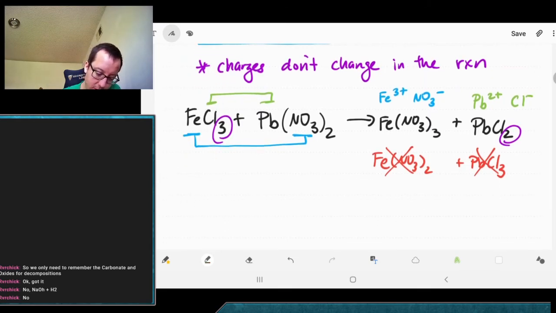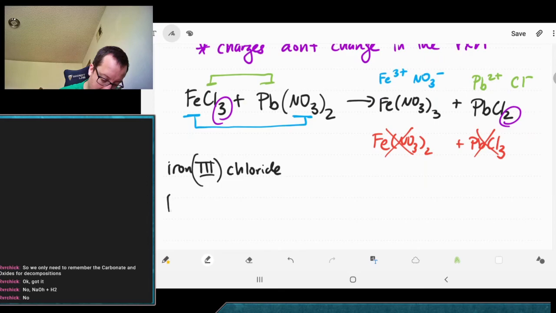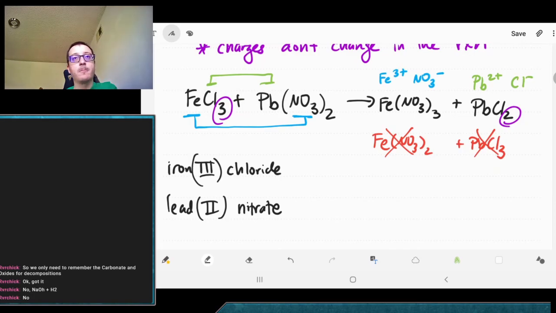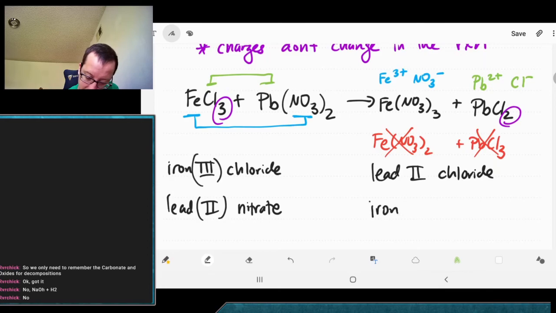We know also, if we were to name these, we have iron 3 chloride, and then we have lead 2 nitrate. At the end, we end up with lead 2 chloride, just switching them, and iron 3 nitrate.